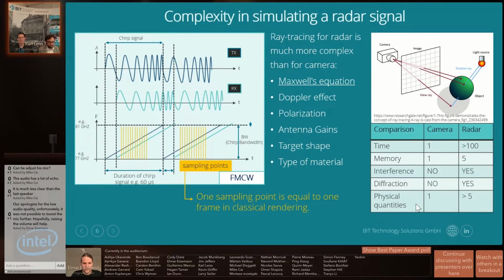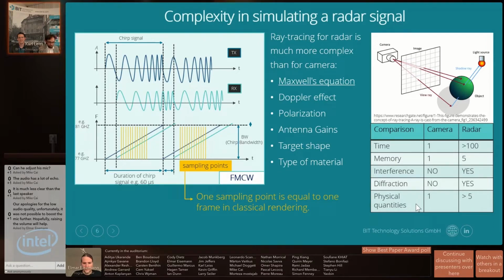The last but not the least is to be able to reproduce correctly the so-called radar frequency modulation. Unfortunately, the radar does not emit waves with a unique wavelength. It's actually modulated with patterns which repeat over and over in time, and the single ramp is called a chirp.